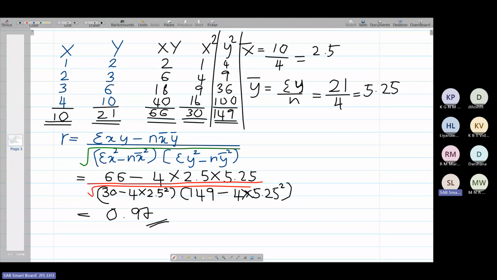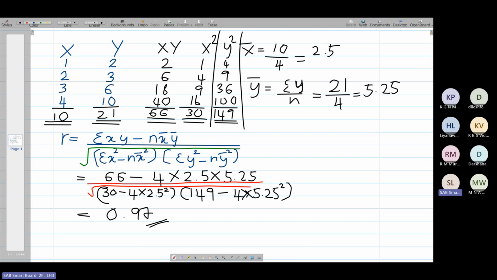Positive value, so it means positive correlation. Then we check whether it is nearest to plus 1. Not exactly plus 1, but it is nearest to plus 1. Then what kind of correlation is it? Strong. Not perfect, perfect is 1. Since it is nearest to 1, we can say strong.